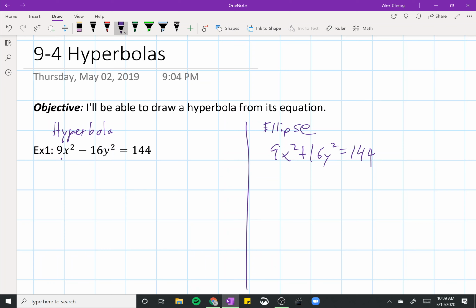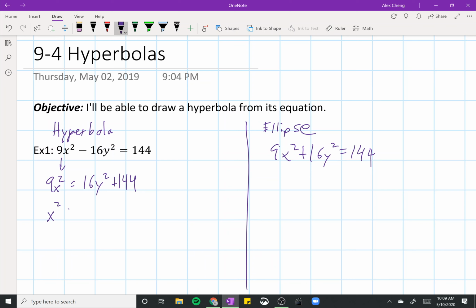What if I were to take this graph and, just like what I did for the ellipse, solve it for x? So I'll do that for the hyperbola. I'll rewrite it: 9x squared equals 16y squared plus 144. If I want to get x alone, I'm going to have to divide by 9 and then take the square root of both sides.